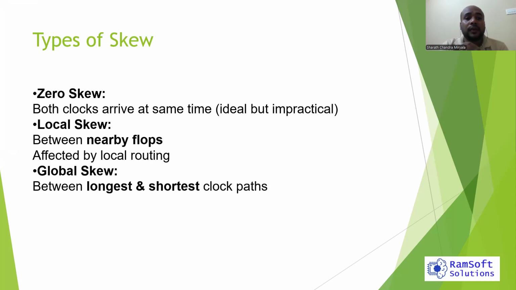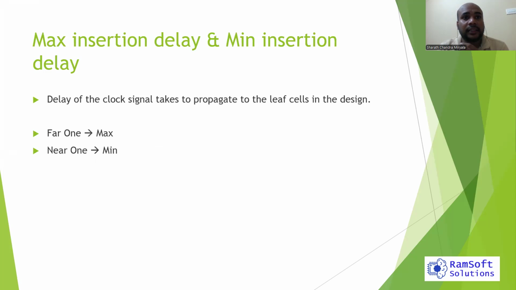The time difference between these two clock paths is called global skew. Mathematically, we call it L2 minus L1, where L2 is the longest path and L1 is the shortest path. Then max and min insertion delay is again about global skew only.